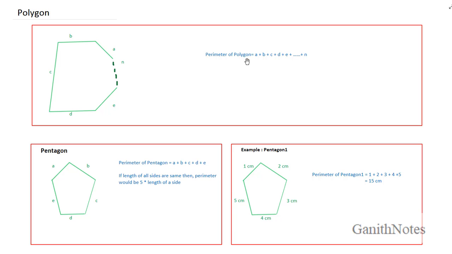So the perimeter of this polygon would be the sum of the side lengths of this polygon, which is equal to a plus b plus c plus d plus e plus etc. up to n, based on the number of sides in that particular polygon.